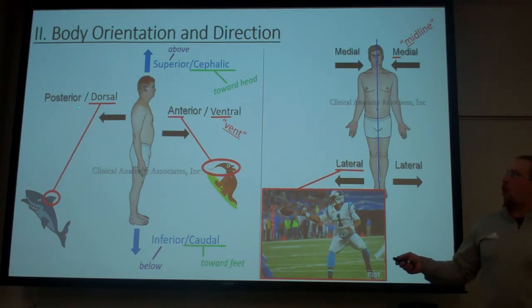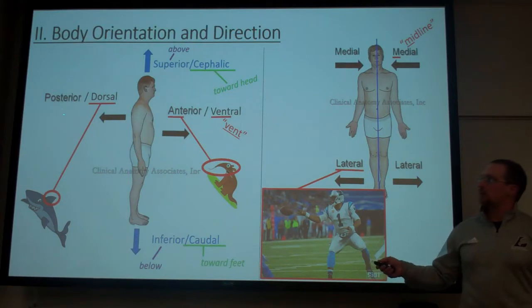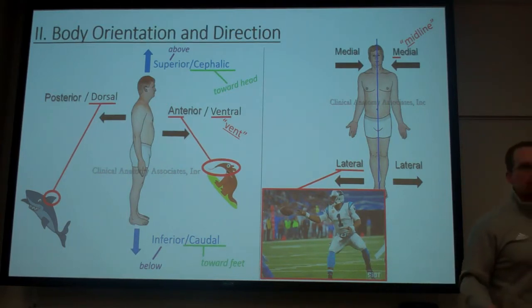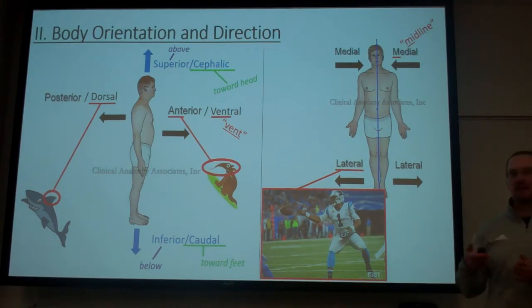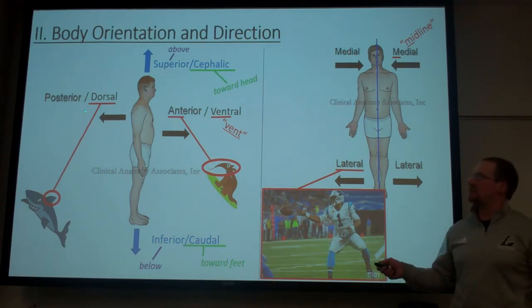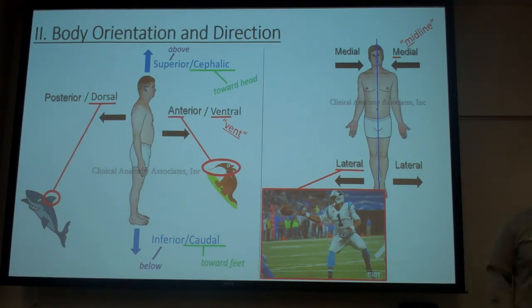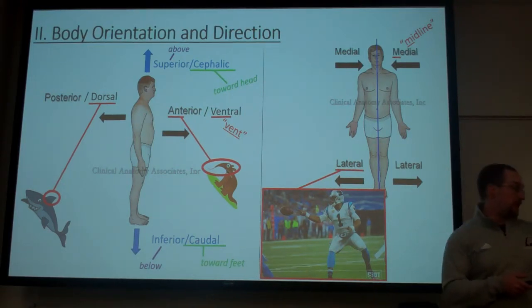To the back is posterior. Posterior, think like your rump, your buttocks. You could also think about it like pre and post. Pre meaning before, post meaning back. So posterior means behind. So anterior in front, posterior in back.